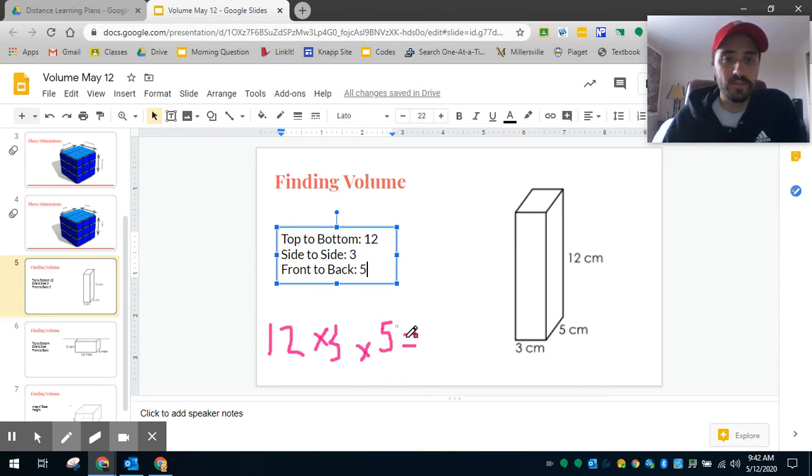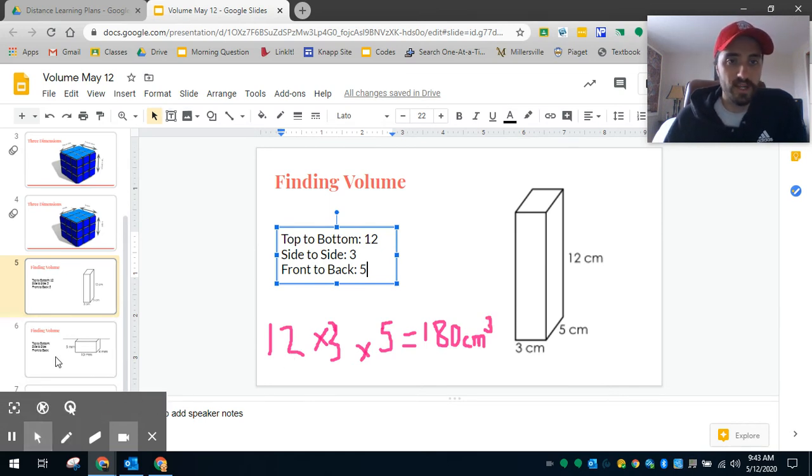I know that 12 times 5 is 60. 60 times 3 is 180. We have to be very careful about how we write this. 180 centimeters, and we're going to make sure we put an exponent of 3, cubed, because there are 3 dimensions. This is how it should look, 180 centimeters cubed, because we're dealing with 3 dimensions.